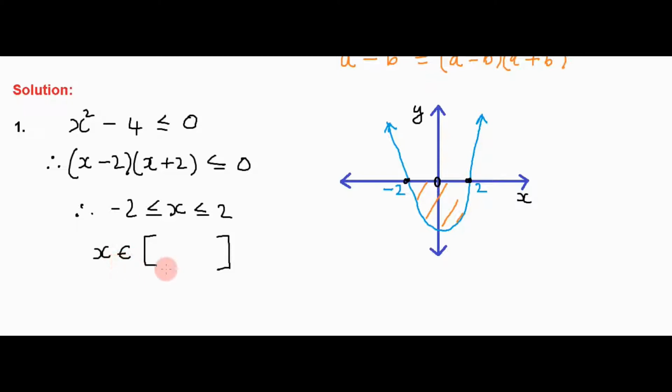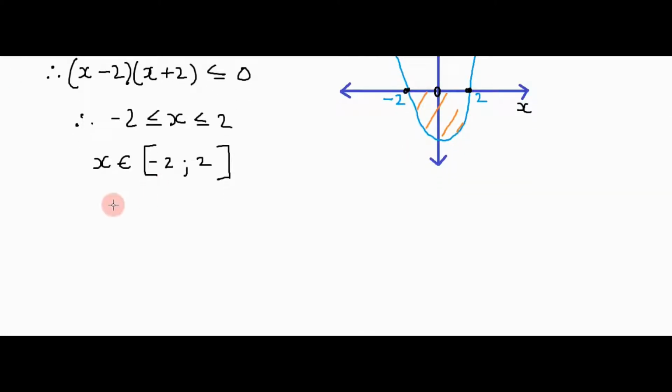So x is an element of this interval, which is also called a closed interval. So the interval from -2 to 2, inclusive of -2 and 2. Then let's say we had to illustrate this on a number line.